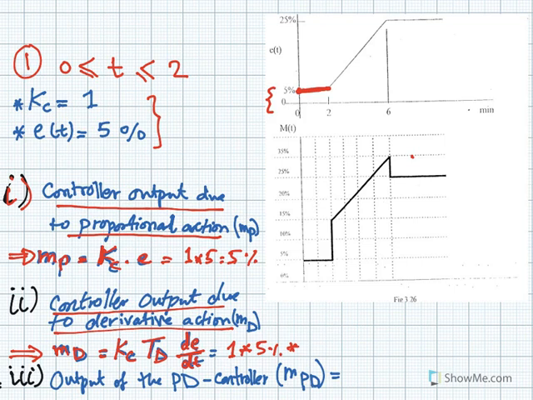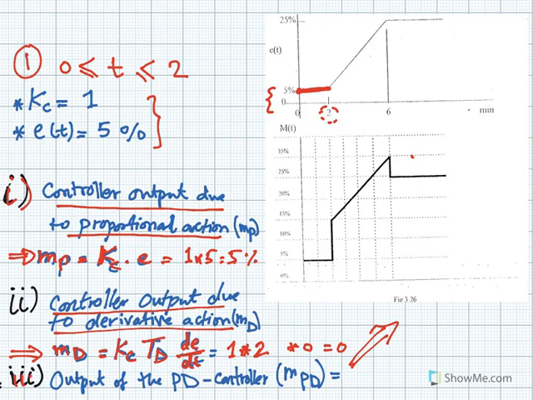So dE over dt equals 0, which means that finally MD equals 0. So 1 multiplied by 2 minutes multiplied by 0, there's no change, equals 0.